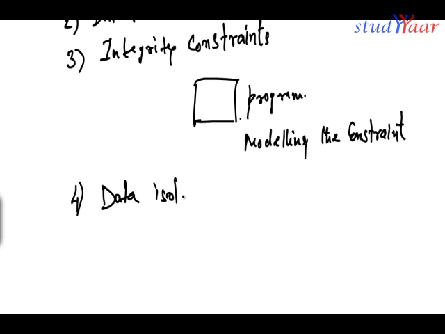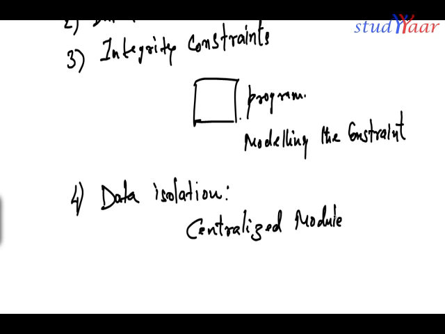Okay. The number 4 problem is the data isolation problem. Data isolation basically means that I should be having my data in a centralized module.